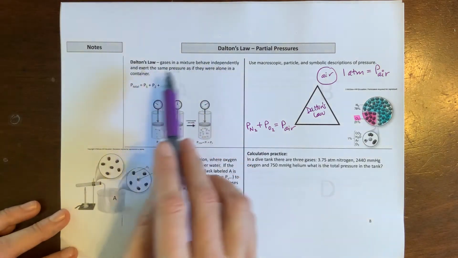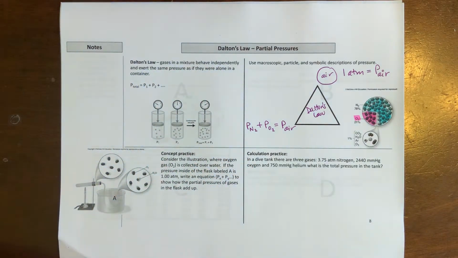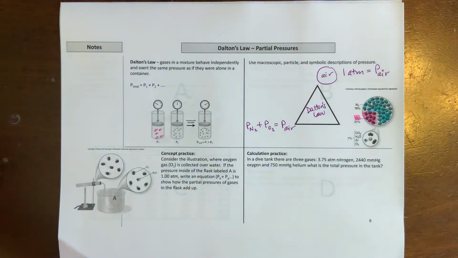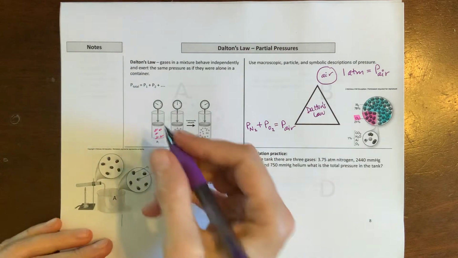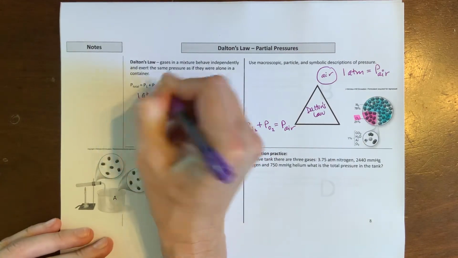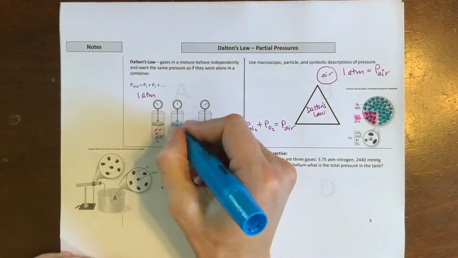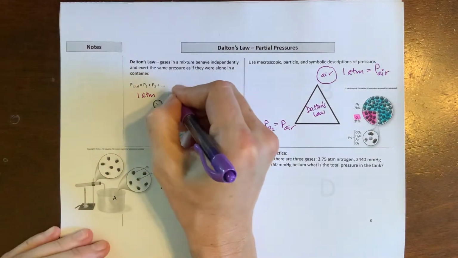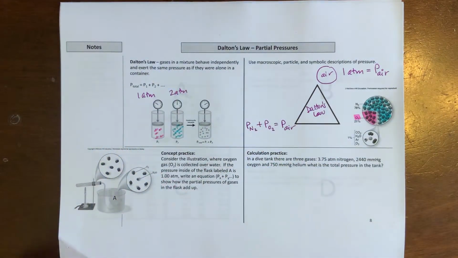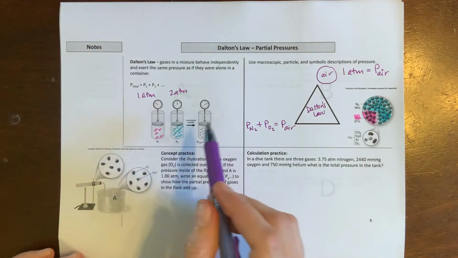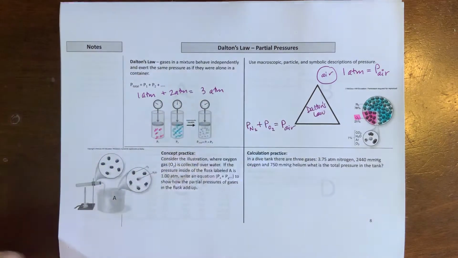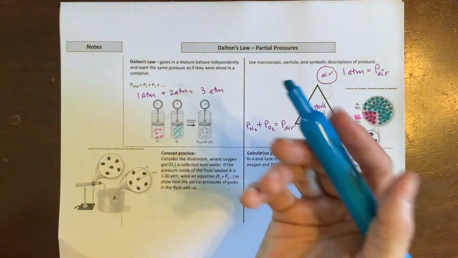So Dalton's law is saying that all the gases behave independently. So say I had a container of those oxygen molecules, they're going to have a certain pressure, maybe 1 atmosphere. And then if I have some nitrogen molecules, color those blue so we can see them, those maybe have a pressure of 2 atmospheres. So they behave independently, but then if I put them together, the pressure would be exactly just simply adding them up.